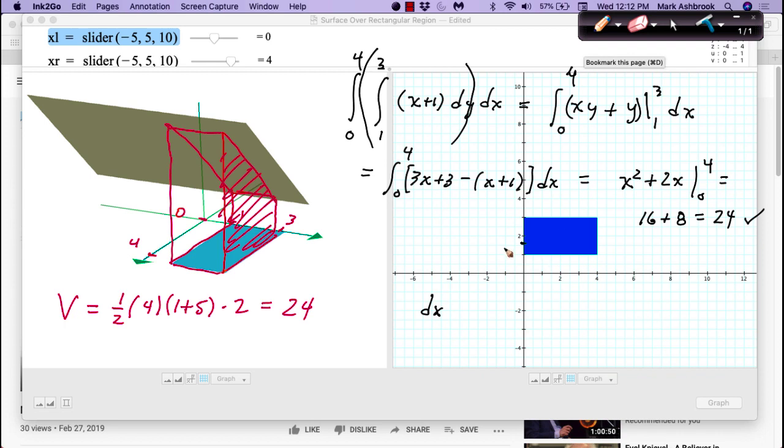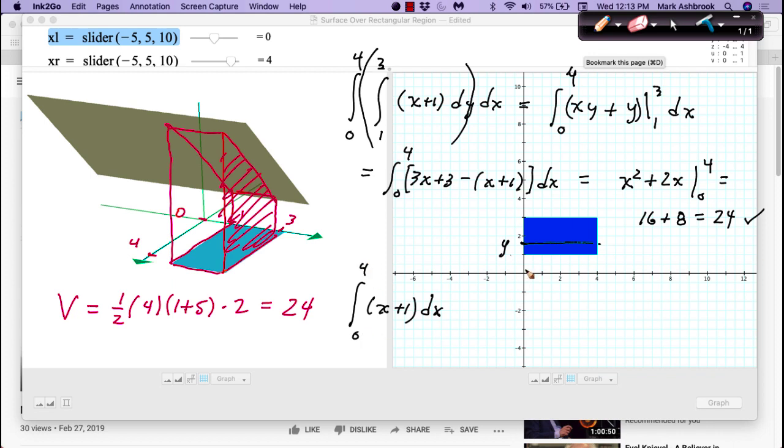So if we did dx first, we hold y constant, and now we march across and add up a row of sticks for a constant y. And that's x plus 1, from 0 to 4.